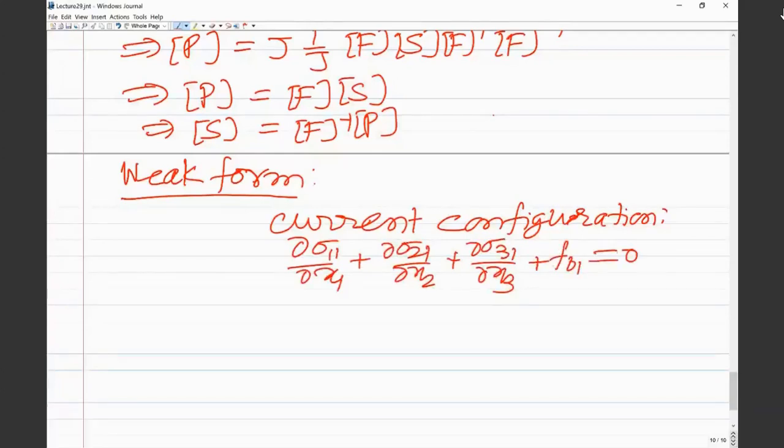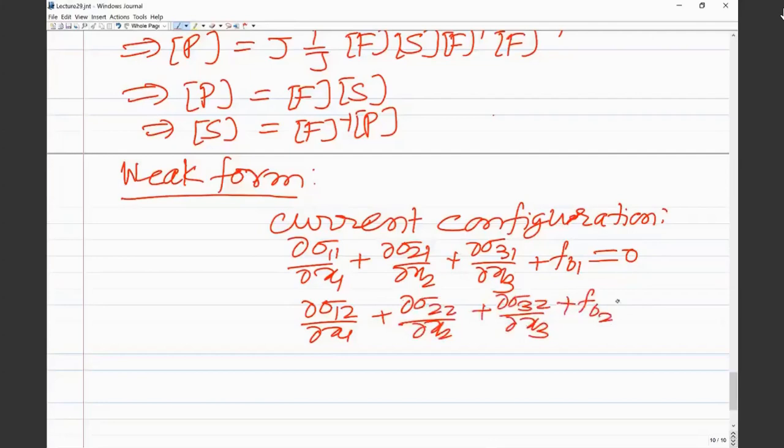I am considering an equilibrium problem. So these equilibrium equations are written for the current configuration in terms of Cauchy stress. So we have del sigma 12 upon del x1 plus del sigma 22 upon del x2 plus del sigma 32 upon del x3 plus FB2 equal to 0.